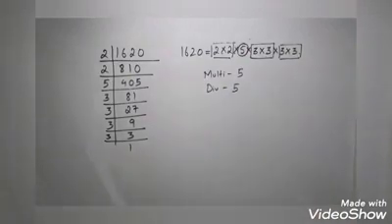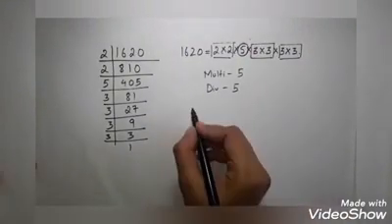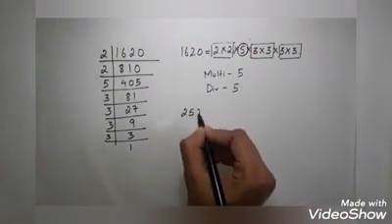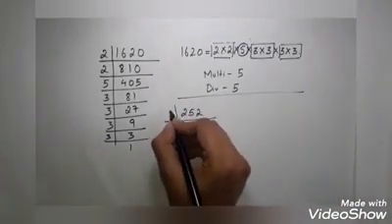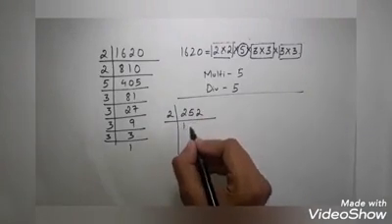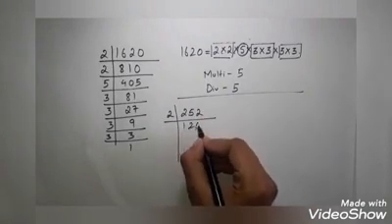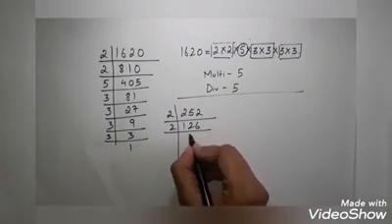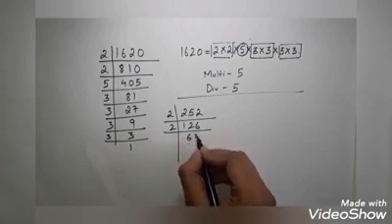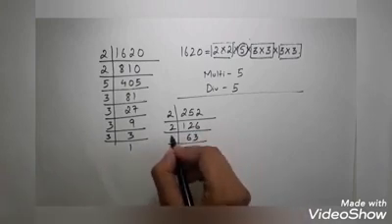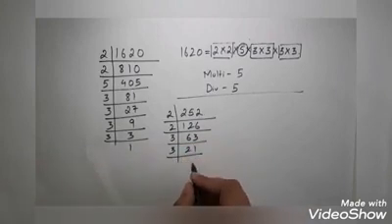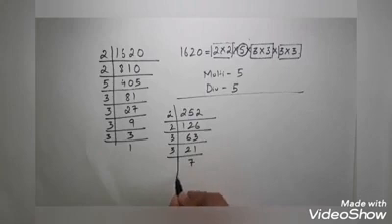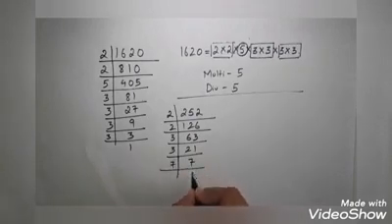Now let us take one more example. This time I'll take a small number. Let me take 252. For 252, again it's an even number, so go into the 2 table. 2 1s are 2, 2 2s are 4, 126, then 63. Again 3 7s are 21, and then 7 1s are 7.